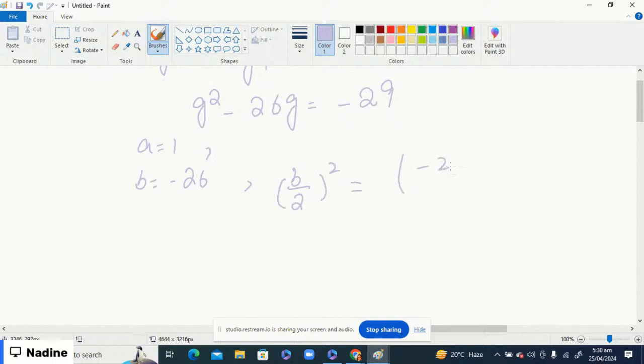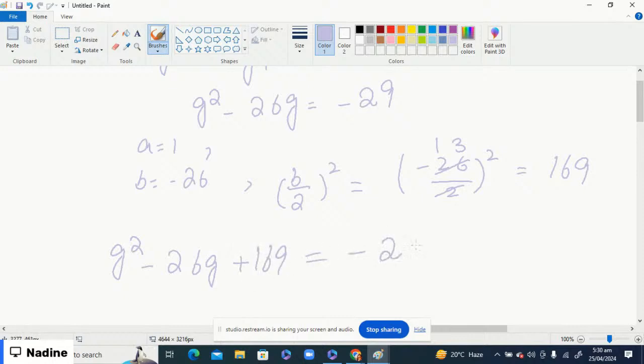So this is minus 26 over 2 whole square, and 13 times 13 is 169. Okay, adding both sides. Let's add it. G square minus 26g plus 169, which is equals to minus 29 plus 169.